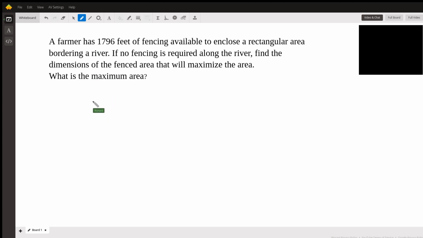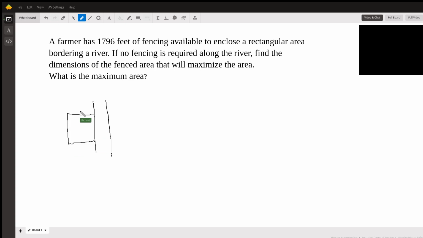Okay, so the situation is we have a river. Here's the river. And we're going to put a fence around this rectangular space here, and we want to maximize the area of the space.